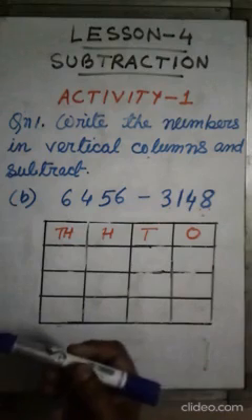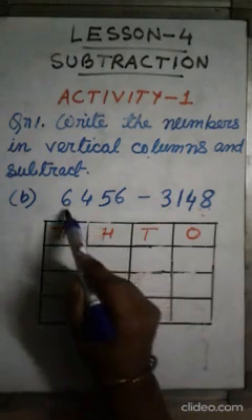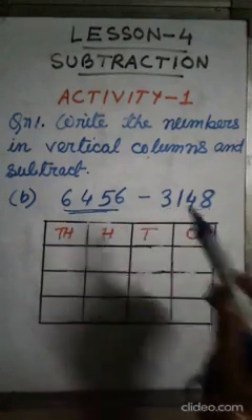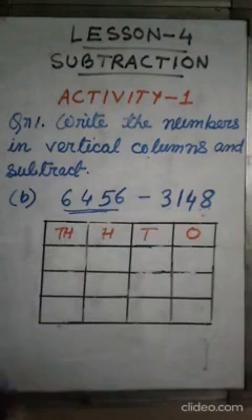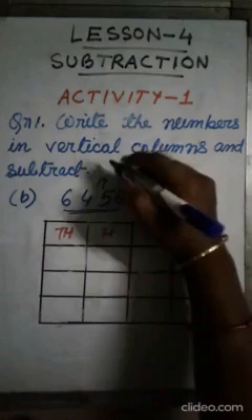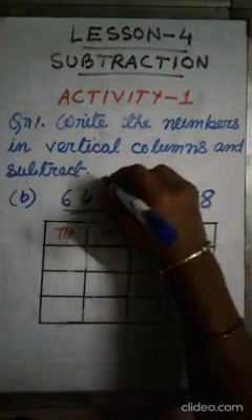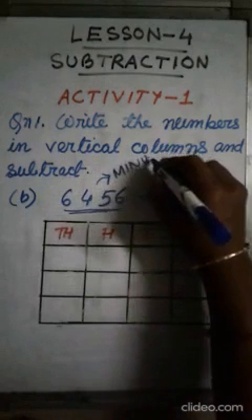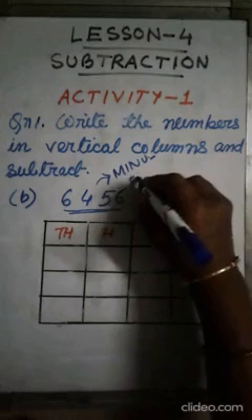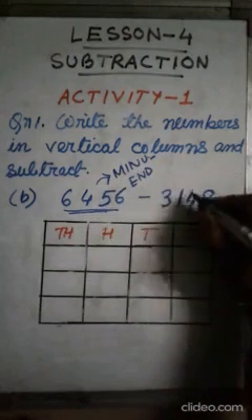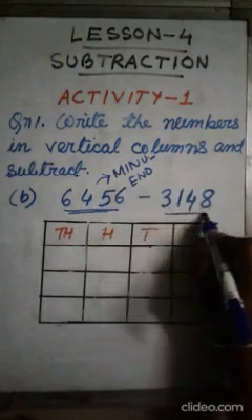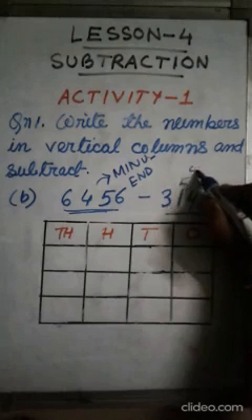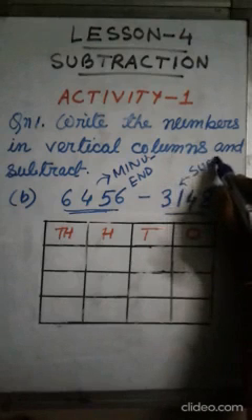So here you should know that the number from which we are going to subtract is called minuend, and the number which is subtracted is subtrahend.